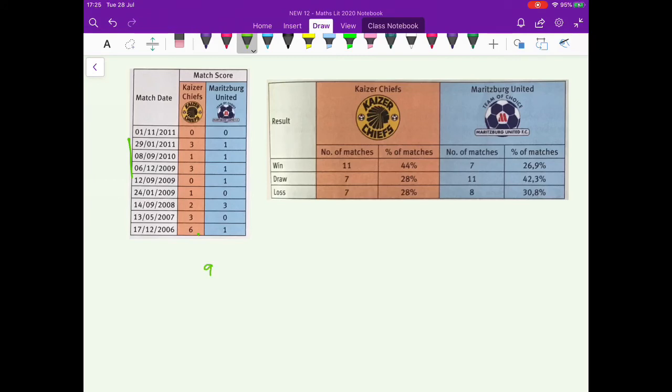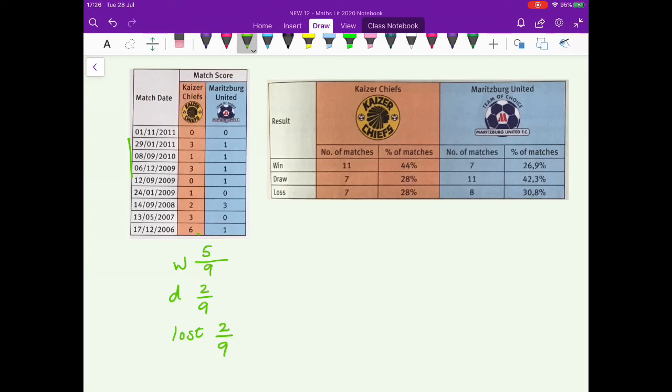So out of 9, let's work out. Kaizer Chiefs won 5. They drew 2 out of the 9, and then they lost, well, 5 and 2 is 7, so it will be 2 out of 9. So clearly from this, Kaizer Chiefs are the stronger team.